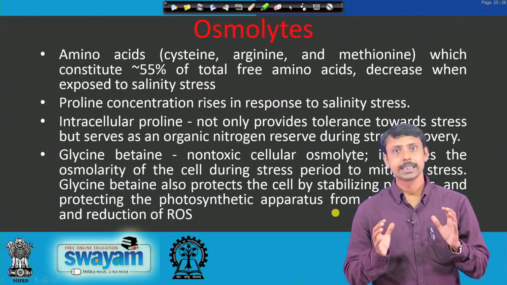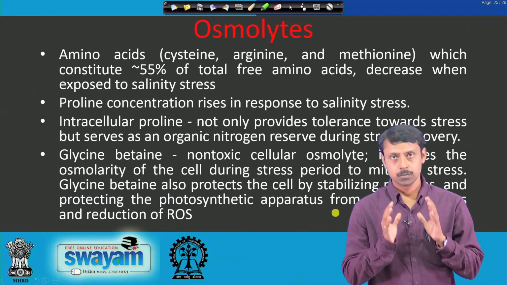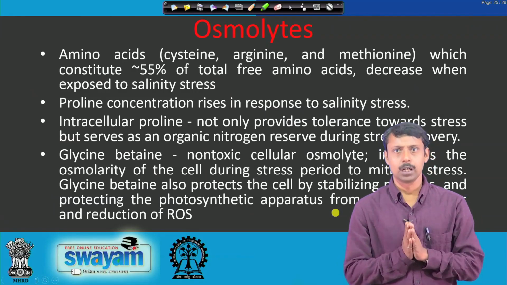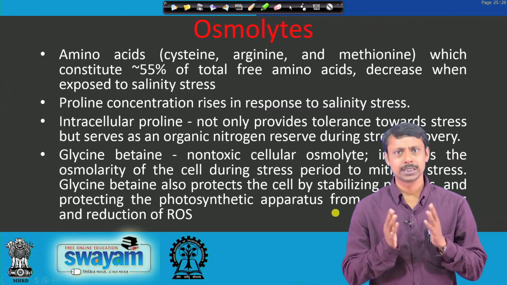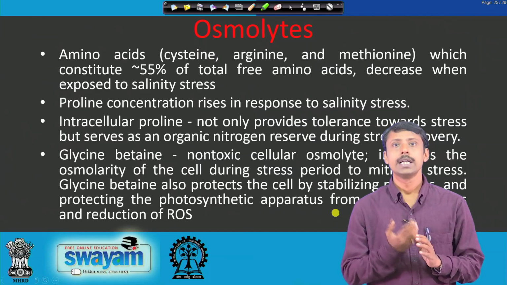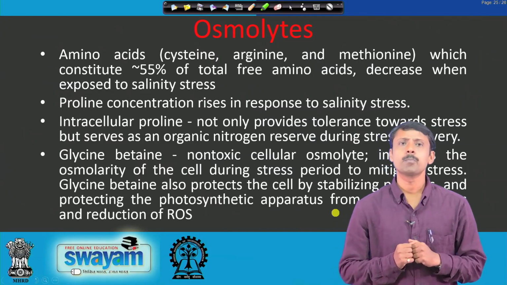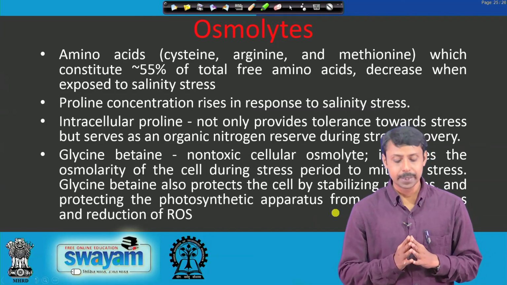So, during stress it will protect some of the proteins or some of the organelles, and once the stress is relieved, thereafter at that stage also it will help the plant. Similarly, another important osmolyte is glycine betaine.